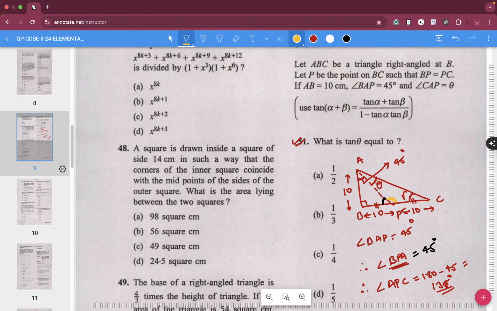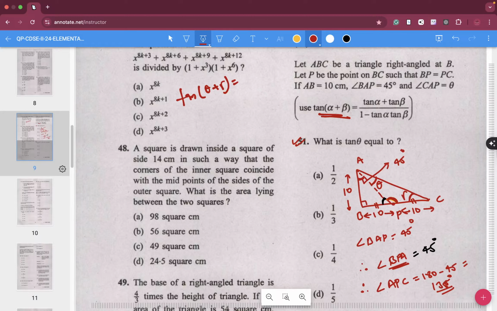Now they have given the clue over here, use tan(alpha plus beta). Can I use, instead of that, tan(theta plus gamma)? Tan(theta plus gamma) is how much?